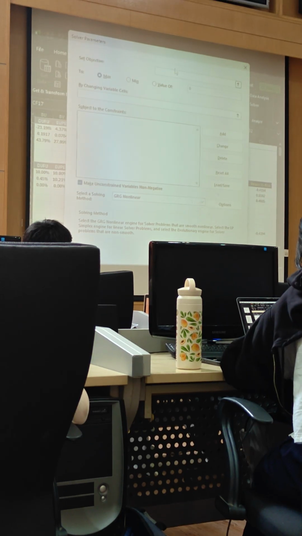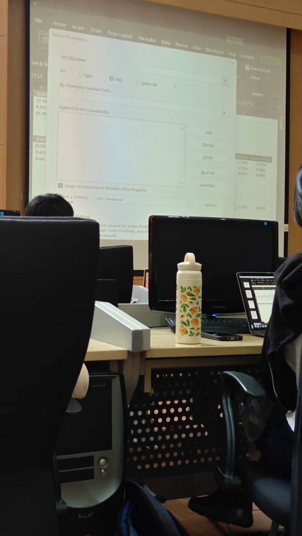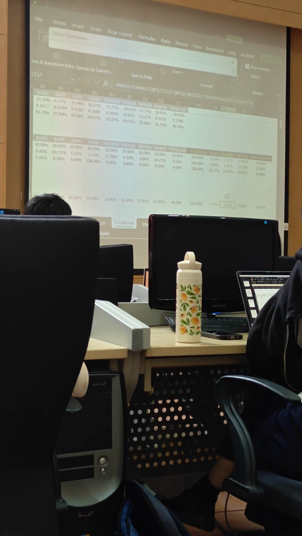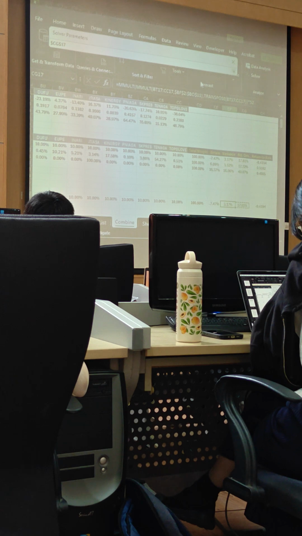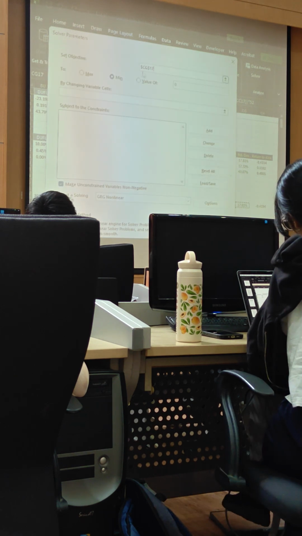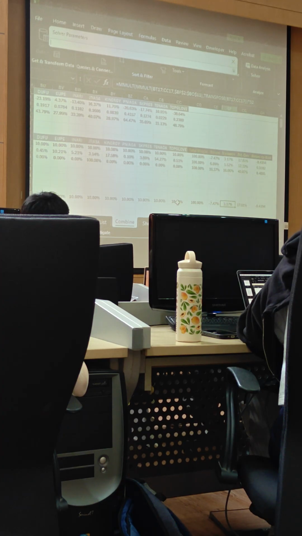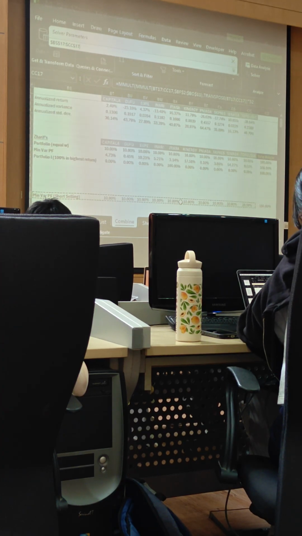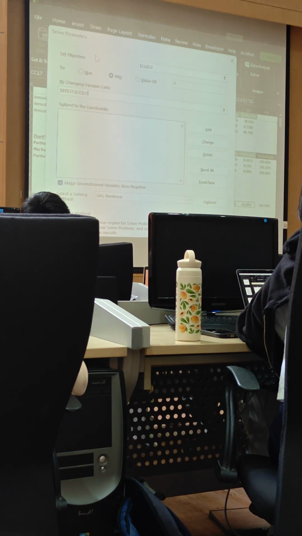Okay, remember the goal is to minimize what? Minimize standard deviation. Minimize standard deviation, enter. By changing variable cell, we need to change the weight. So this is the weight for short selling. Minimum variance portfolio for short selling, and enter.